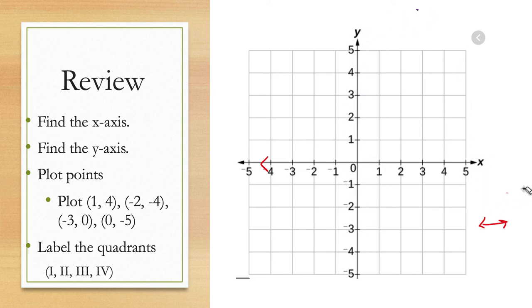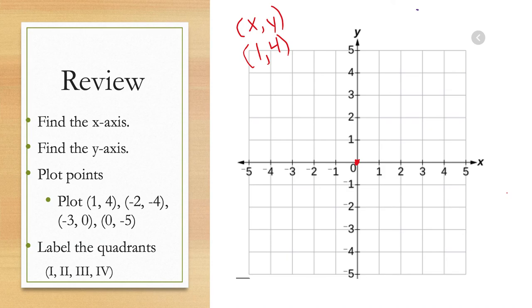The next thing we want to look at is a quick review on how to plot points. You want to remember that every point has an x value and a y value. So if our first point is the point (1, 4), then the x is 1 and the y is 4. I'm going to start at the origin, (0, 0), and move over to 1 on the x-axis.